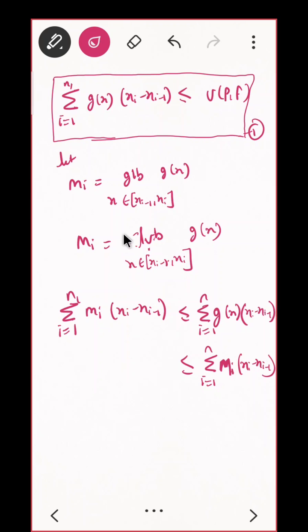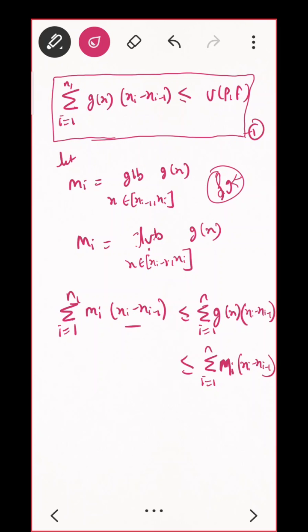Is it true? See, here what am I using? I am using that g is integrable. So g is integrable means what? This is your LPF, I will say LP1 actually. This is only on xi.